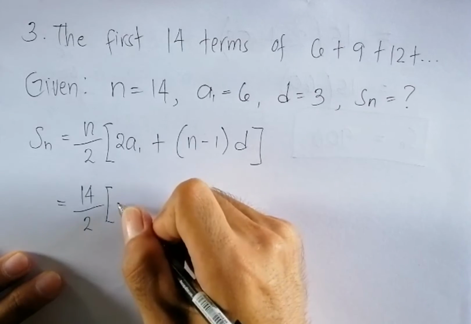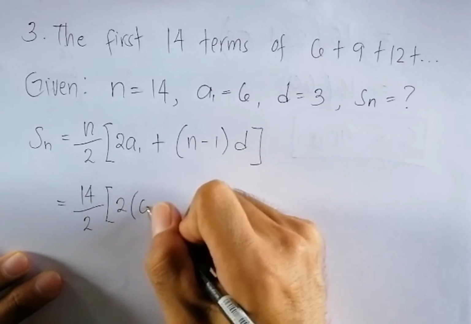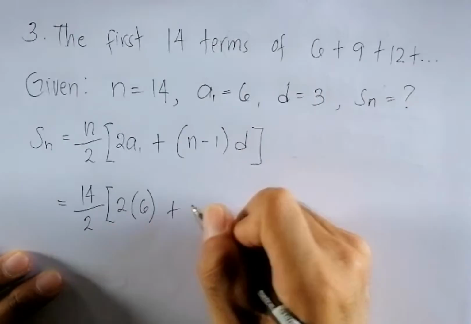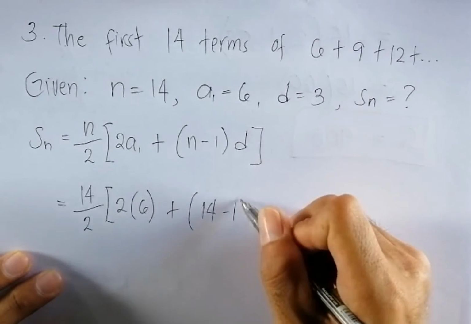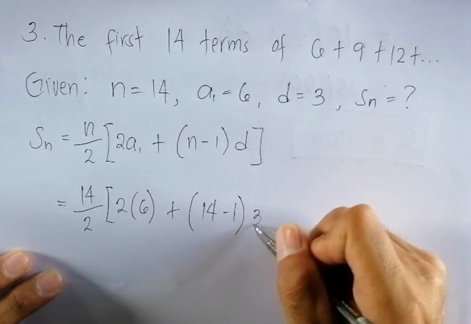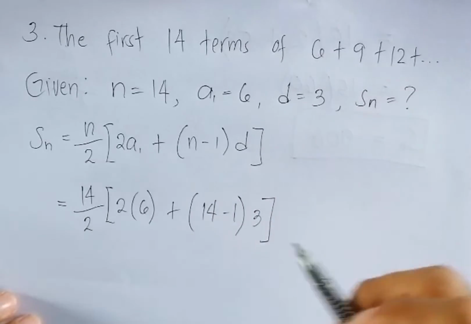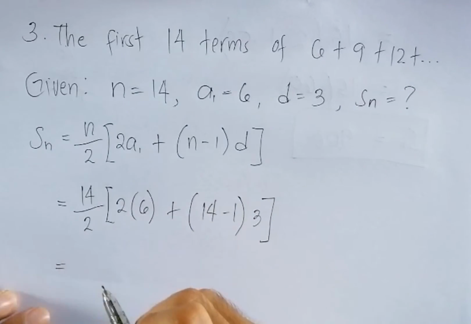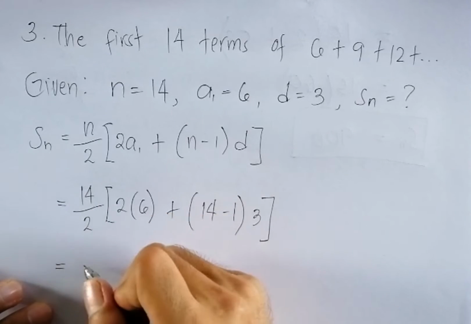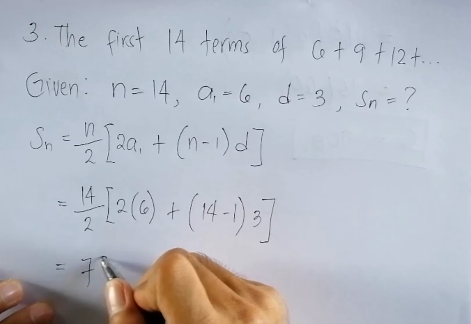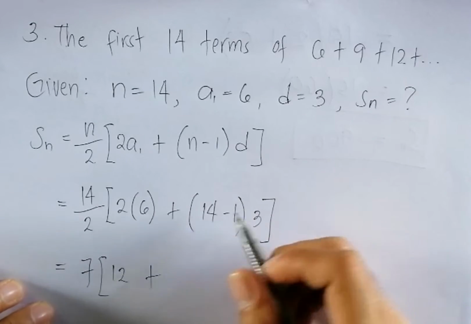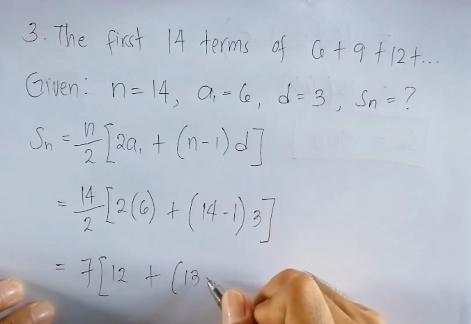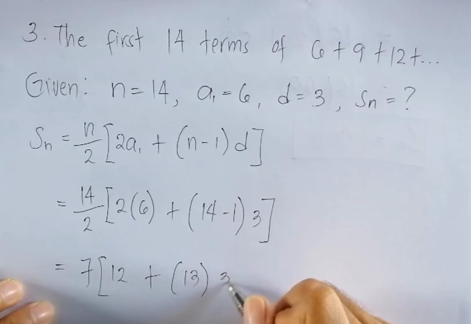So that is 2 times 6, which is the first term, and the value of n is 14. Equals, that is 7. 2 times 6, that is 12, plus 14 minus 1, that is 13, times 3.